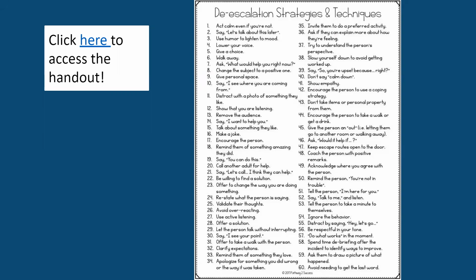And so you, in your role as a paraprofessional, would likely have opportunities to enact many of these de-escalation strategies. One of our most powerful opportunities in terms of crisis prevention and response is to recognize that we're the adults in the situation and to not engage in the conflict cycle.